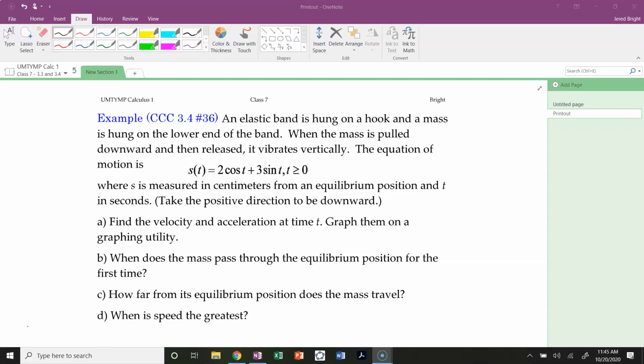Here you're given other information, but what we want to do is find the velocity and the acceleration. You might remember, maybe not, that if we have a function s of t that is position, then s prime is the velocity, so v of t is velocity, and its second derivative is acceleration.